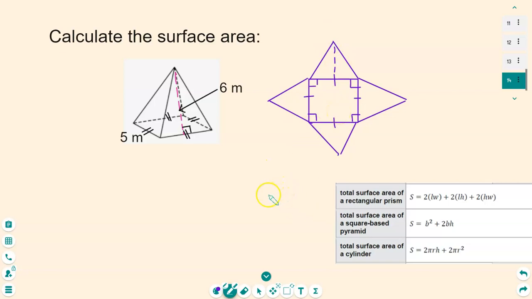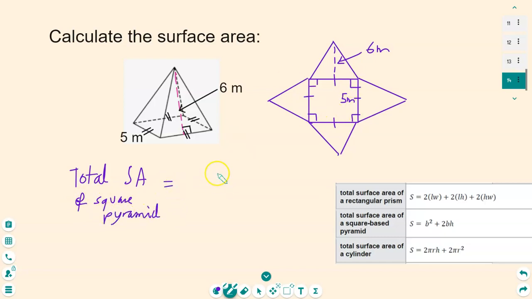All right. We've drawn our net. Now let's put some dimensions on it. So the dimensions of the square is 5 meters. And then we've got these 4 triangles and we know that that's 6 meters. Just before I go to my formula sheet, let's just work out the formula for the total surface area of a square-based pyramid.